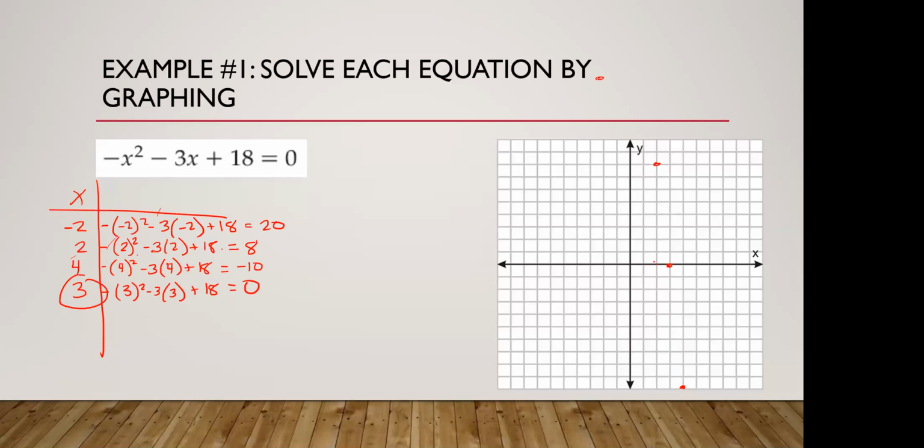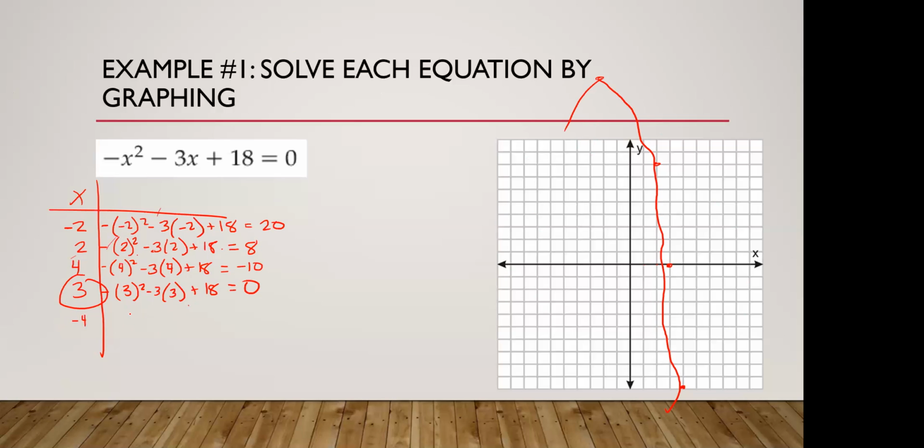And then my parabola should be going this way, so it should be going in this direction. So I'm going to plug in -4 and see what happens.